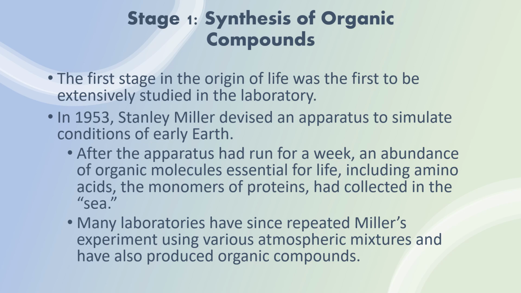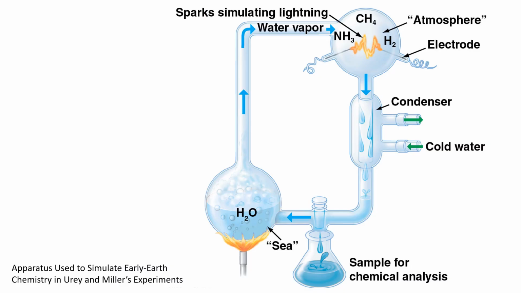Now since that time when Miller did this, many other laboratories have also done similar experiments, and they have used different atmospheric mixtures and have produced other organic compounds. So this is an apparatus that was used by Miller. What you can see is that we have a sea of water in this part of the apparatus.